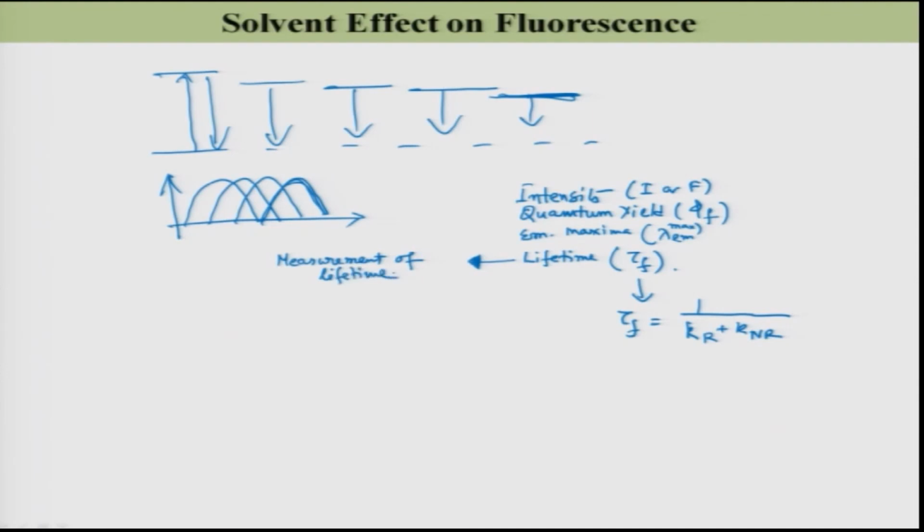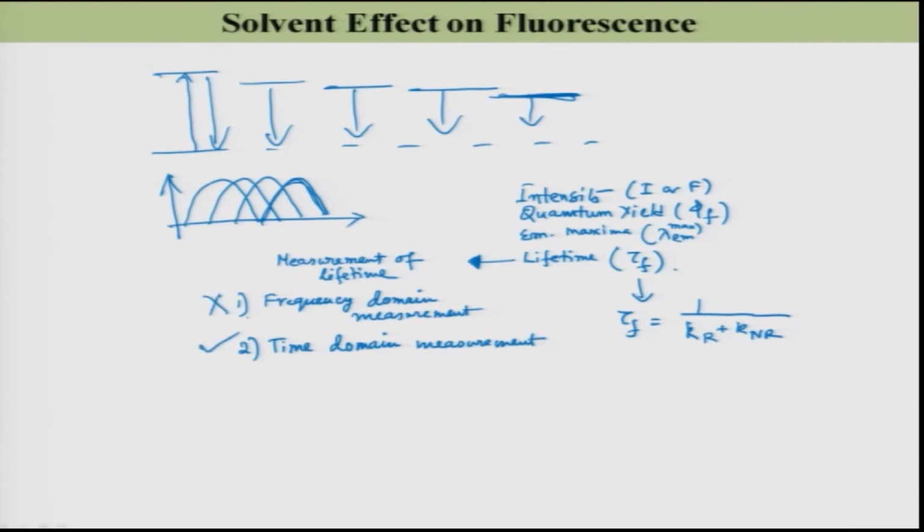There are two ways we can measure the lifetime. The first one is the frequency domain measurement, and the second one is the time domain measurement. I am not going to discuss the frequency domain measurement in this course, but I will discuss the time domain measurement.